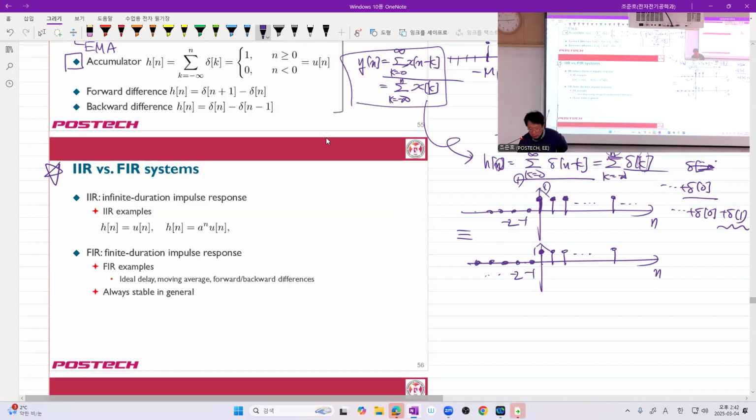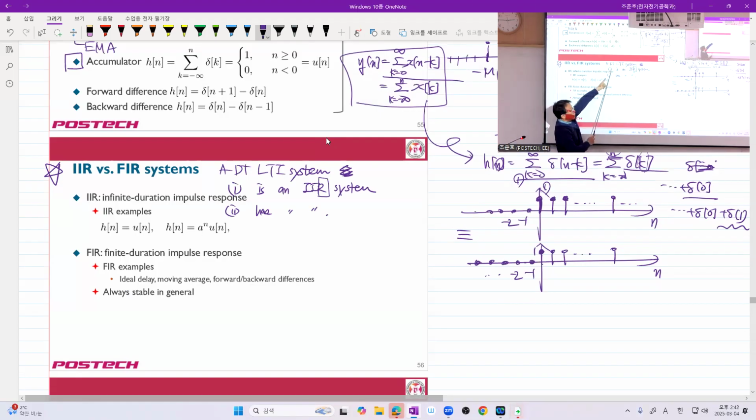So you may state it like this: a DT LTI system is an IIR system, or has an IIR. Here, R is the response. So they are the same statement.